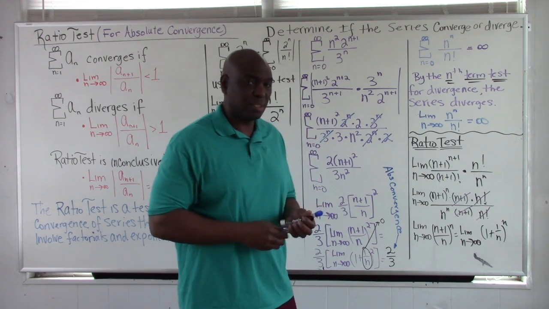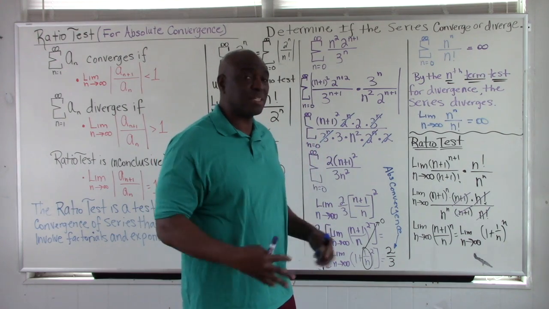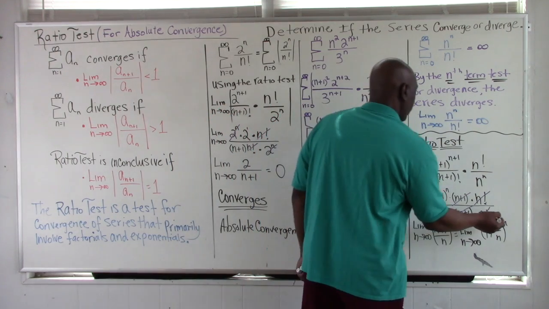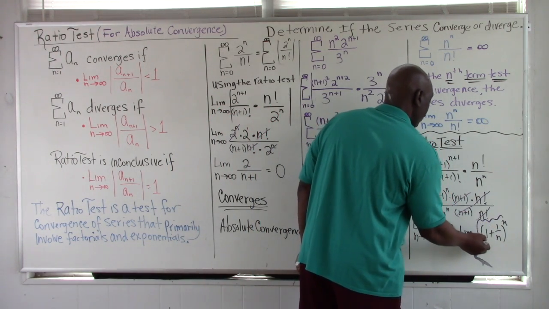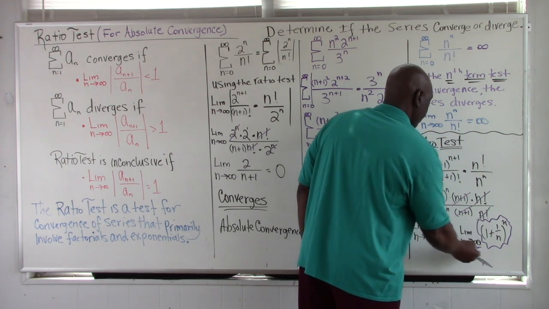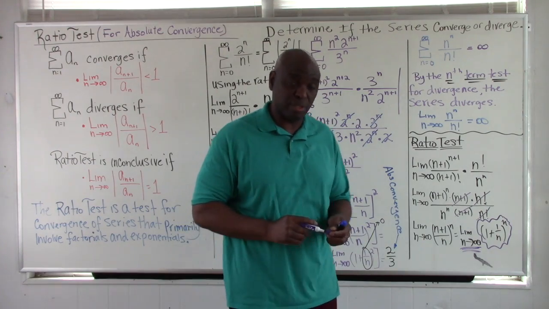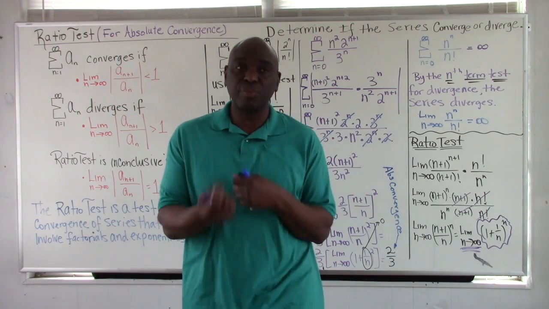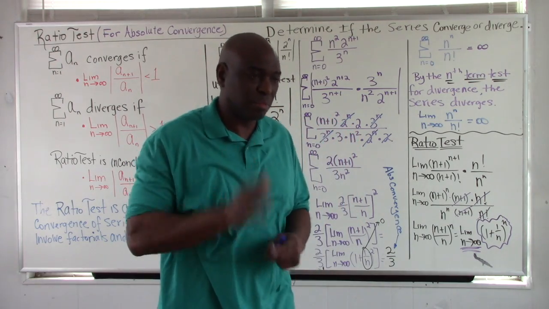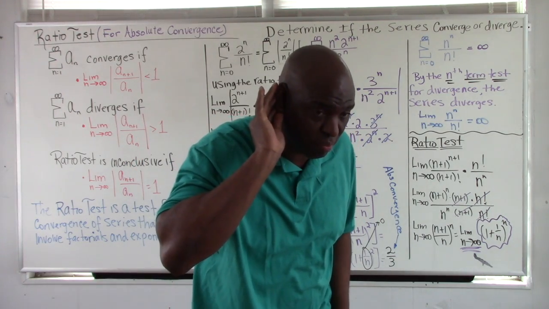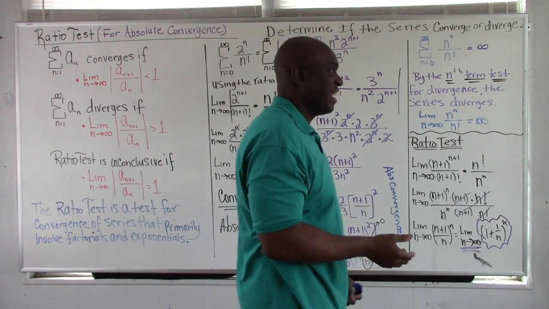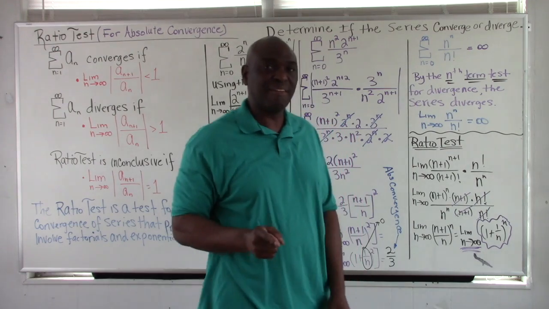Now, as n goes to infinity, do you recall what this is? As n gets larger and larger, what is the quantity 1 plus 1 over n, to the power of n? If you said e, you are correct.